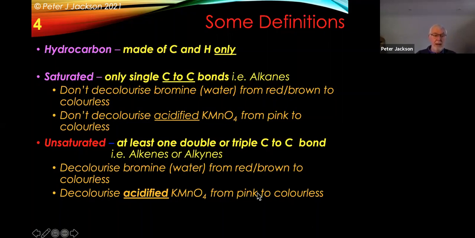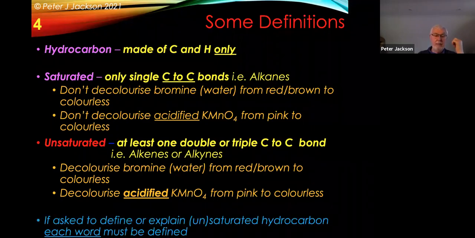Now you can pick either of these two if you're given the choice, or you could be asked what would be the effect of an alkene being shaken with acidified potassium permanganate. Right? If asked to define or explain either saturated hydrocarbon or unsaturated hydrocarbon, each word must be defined.